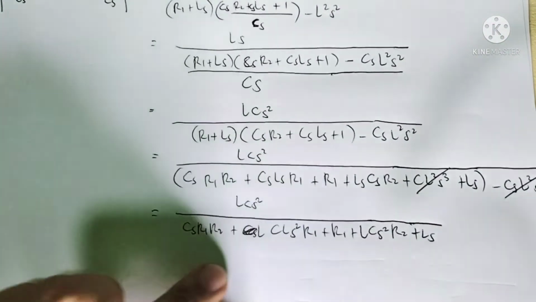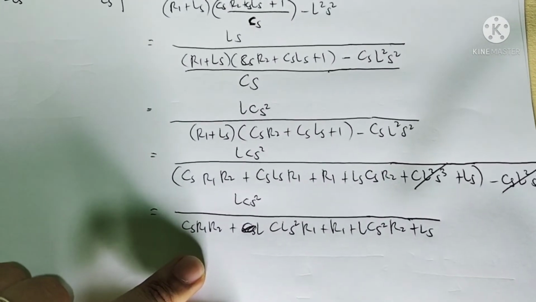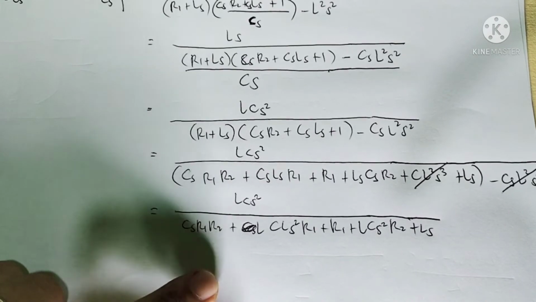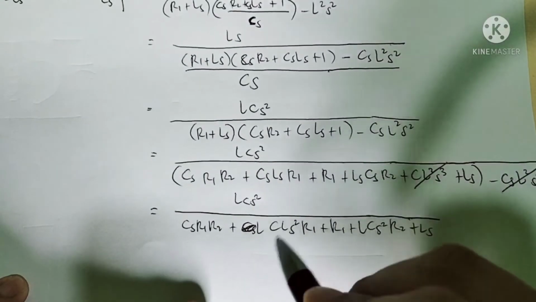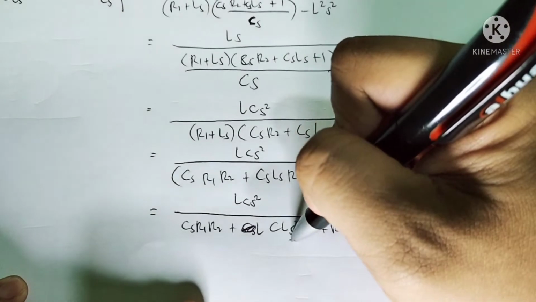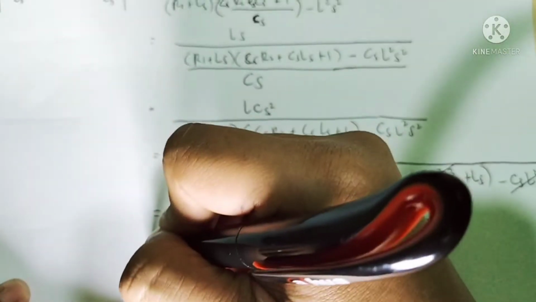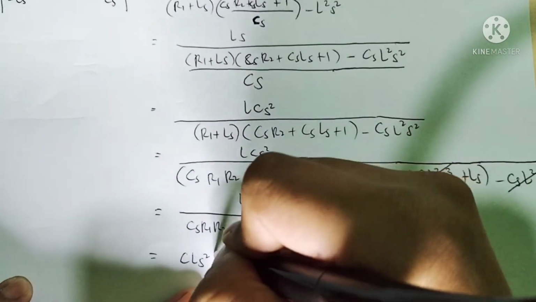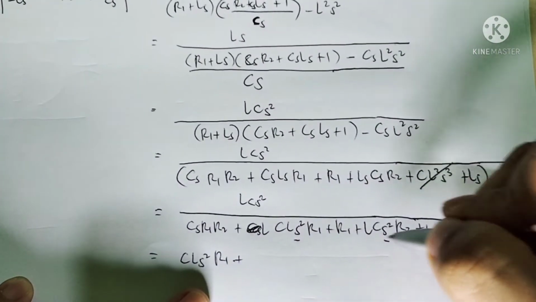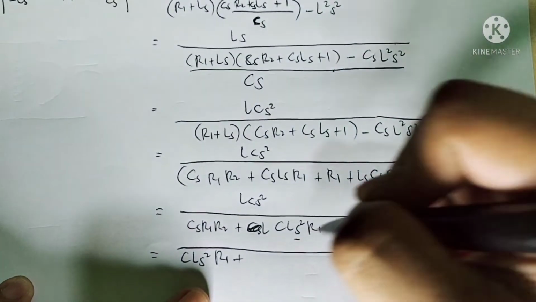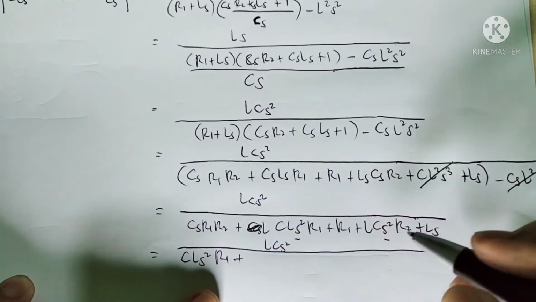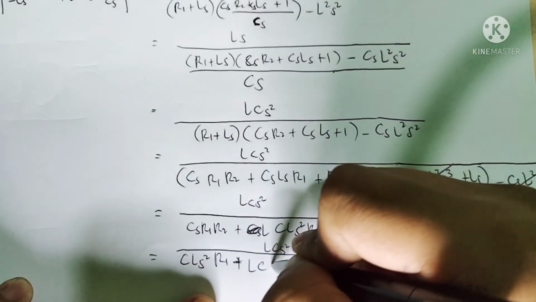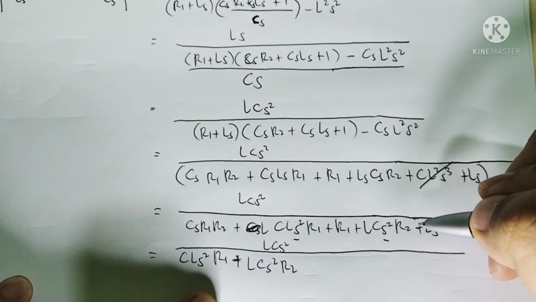We're going to arrange the terms, separating the s squared, the s, and the R1. So merging all the s squared, this is CL s squared R1 plus LCs squared R2.